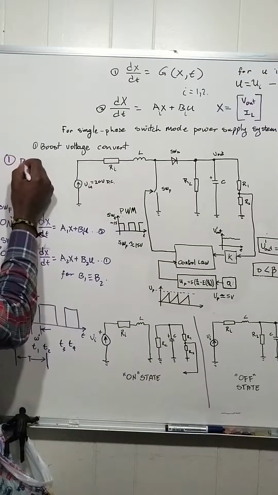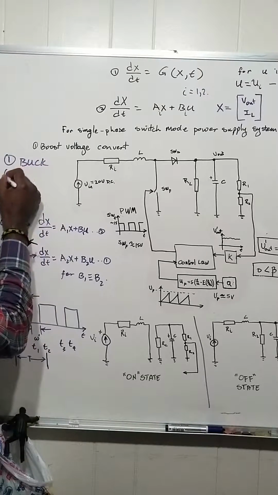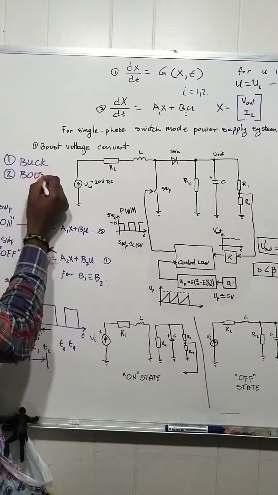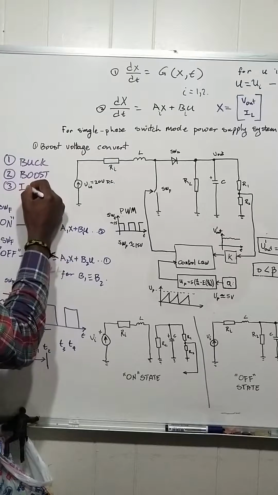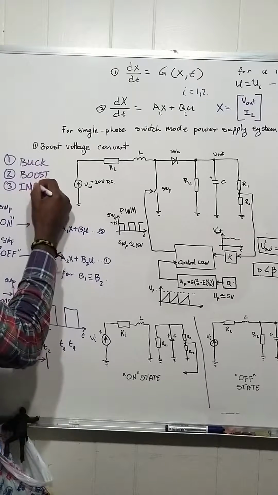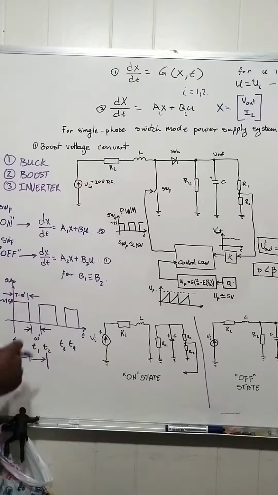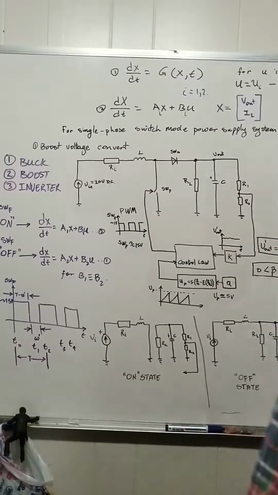The first one is the buck, another classical is the boost converter, and the third classical is what we call the inverter.